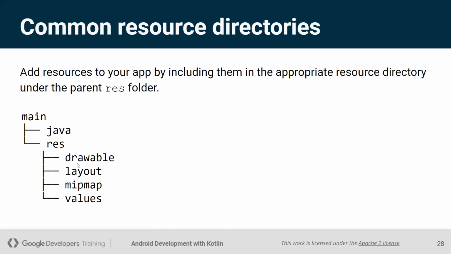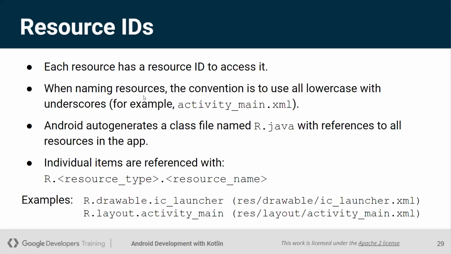Other resources can also be found inside this resource folder. Under the drawable folder, you can find resources such as images that can be included in this app. Apart from that, other resources can also be found in map and values, and so on. So you can include the resources inside these folders.